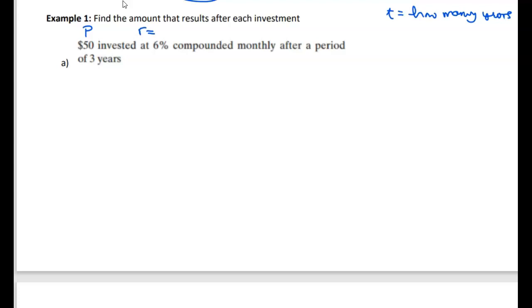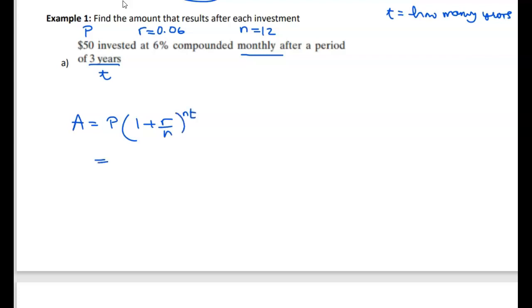We want to change this into a decimal, so divide by 100, we get 0.06. Compounded monthly. There are 12 months in a year, so N is 12, how many times the interest is applied to the amount of money. And a period of 3 years, this is your T. So we have the formula A equals P, 1 plus R over N, to the NT.